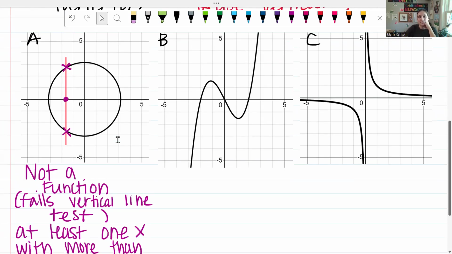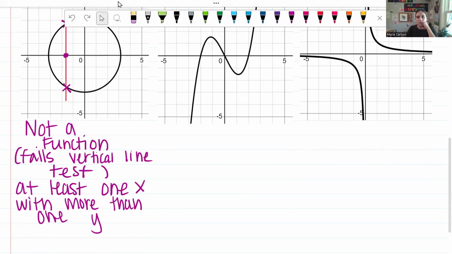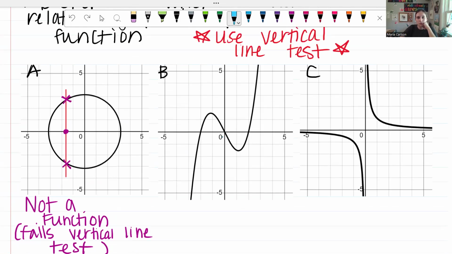All right, example B. We're going to use the vertical line test again, and I'm just going to draw another straight up and down line. I'm going to see if I sweep this line through this function, if there are any points where we cross the graph at more than one location.